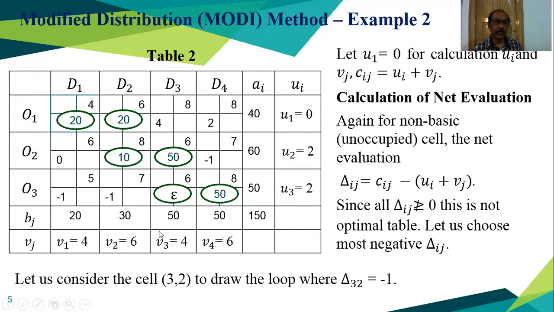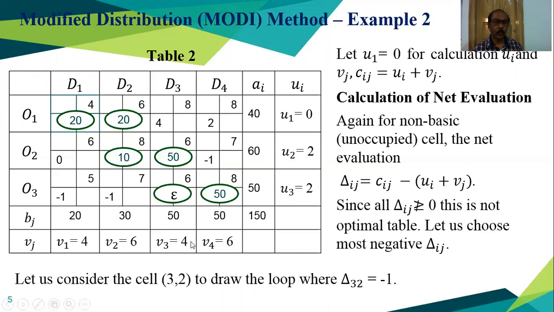So 8 minus 6 equal to 2. As soon as this is 2, with the help of the another allocation in the cell 2, 3, cost is 6. This is 2, this is 6, so this should be 4 because 4 plus 2 equal to 6, or we can say V3 equal to 6 minus 2.